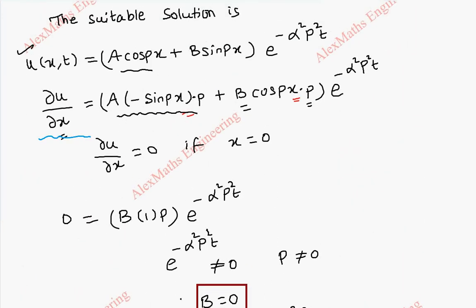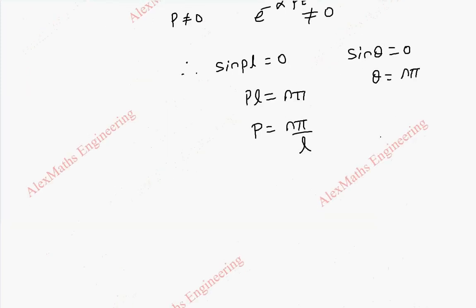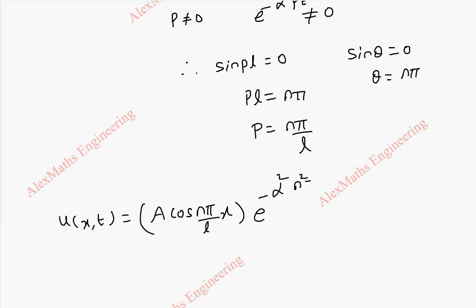Here u(x,t) equals A cos px, where p is nπ/L, so A cos(nπx/L), and B was 0, so that term won't be there, times e^(−α²n²π²t/L²).